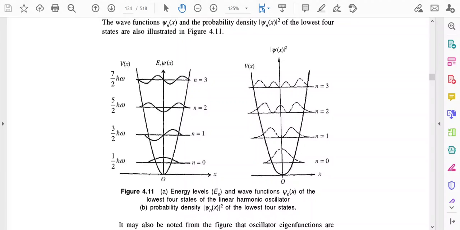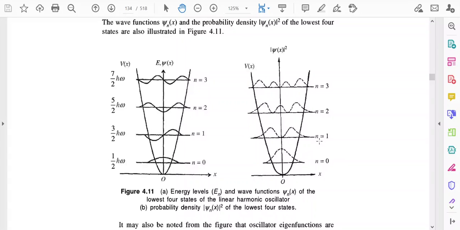The peak is here, that is the equilibrium position. So for n equal to 0, the probability of finding the particle is maximum at the equilibrium position. This is exactly opposite to the behavior of the classical harmonic oscillator, because for the classical harmonic oscillator the probability of finding the particle at the equilibrium position is the minimum, and it is maximum at the turning points or the extreme positions, that is, in this position this should be maximum.